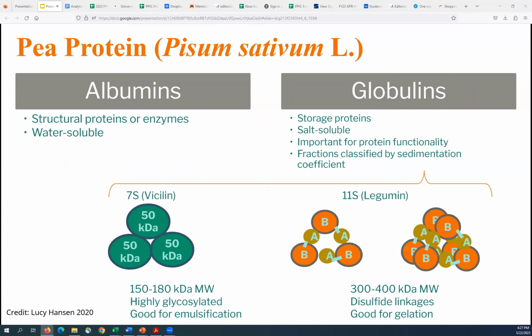They are salt soluble and are important for protein functionality. Globulins can further be classified based on their sedimentation coefficient, with the main two fractions, 7S vicilin and 11S legumin.